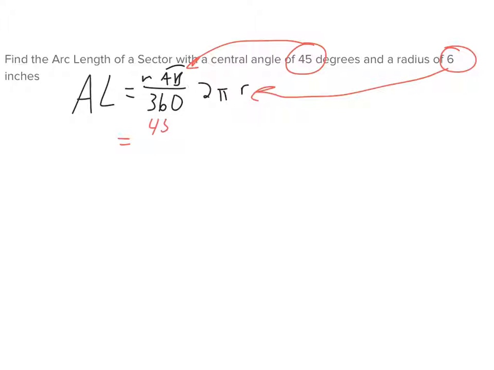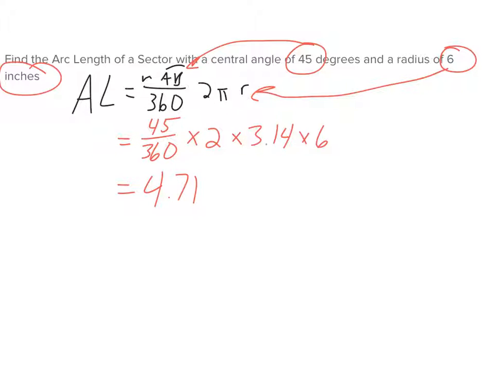We're still going to use 3.14 for pi. So my equation is 45 divided by 360 times 2 times 3.14 times my radius of 6. If I type that in just the way I see it, I get that my arc length is 4.71.